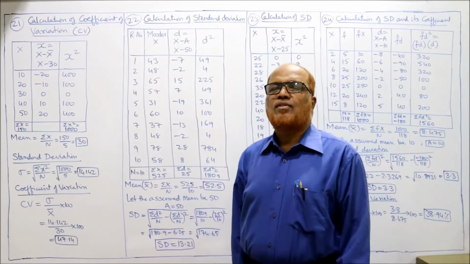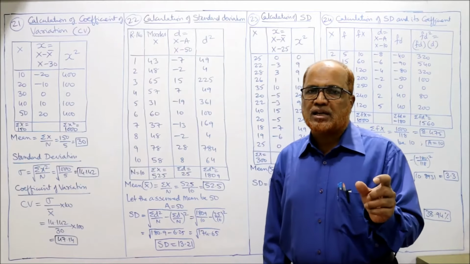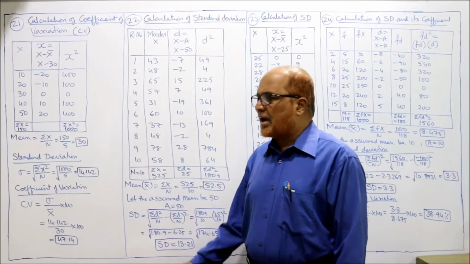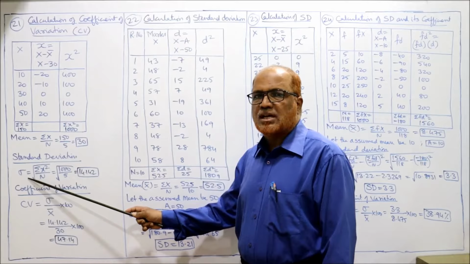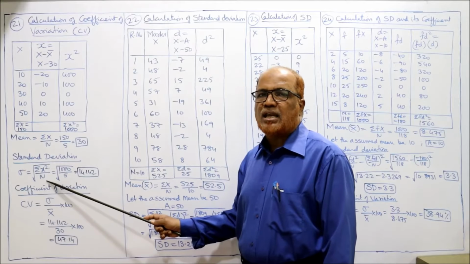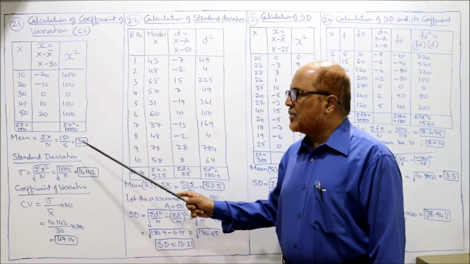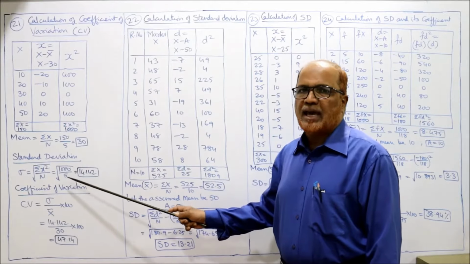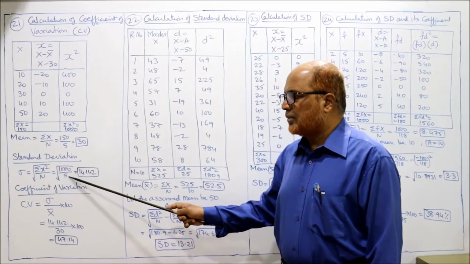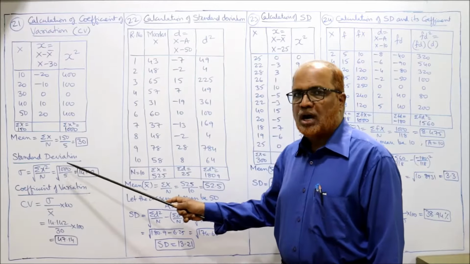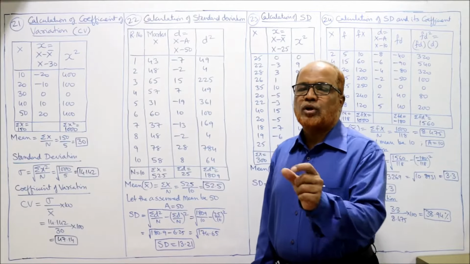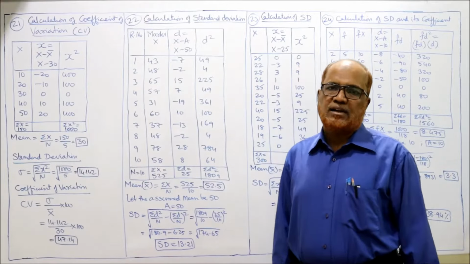Now we apply the formula for standard deviation when deviations are taken from the actual mean: sigma equals the square root of summation x squared by n. Summation x squared we got is 1000, n is 5. 1000 divided by 5, then under root, you are going to get 14.142. So 14.142 is the standard deviation.